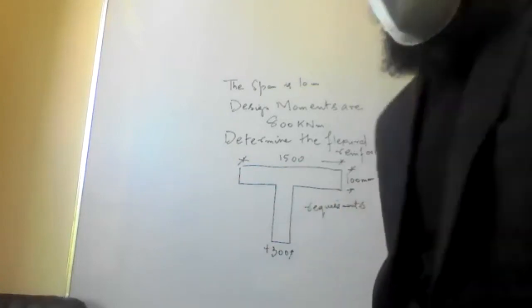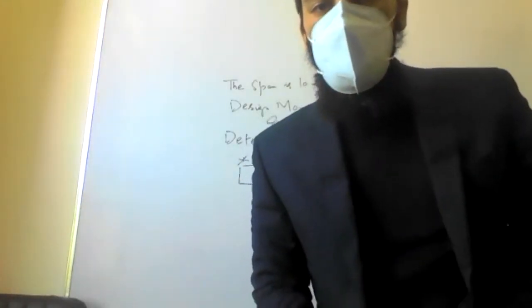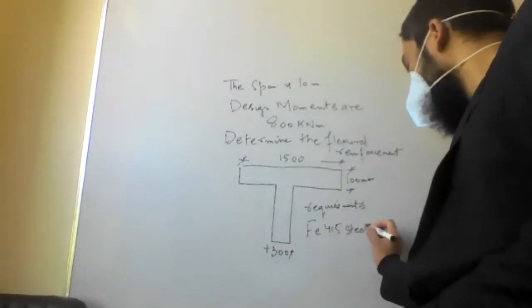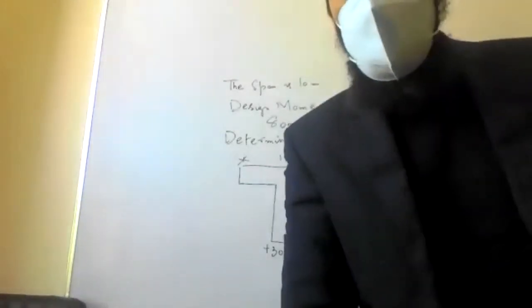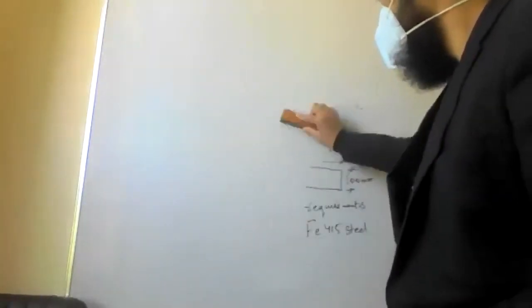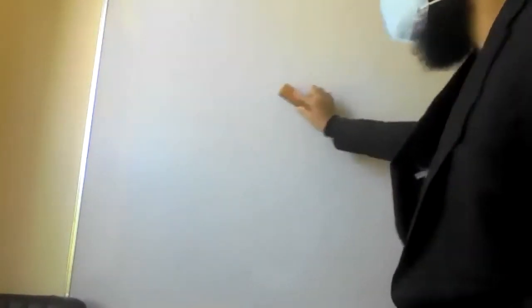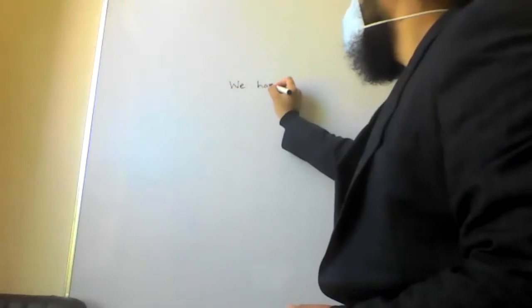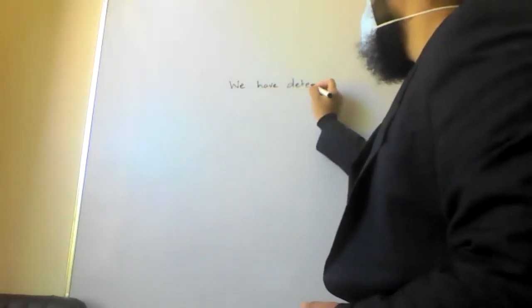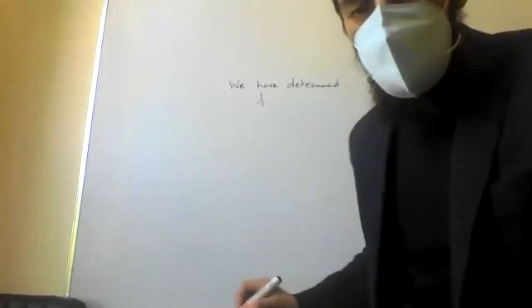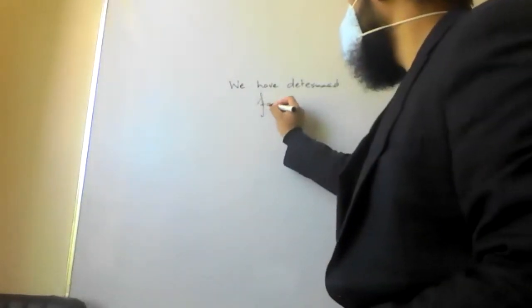So we have to determine the area of steel. In this question, it's given we are using Fe415 steel. Now we have reached a point where we had determined first the flange width.